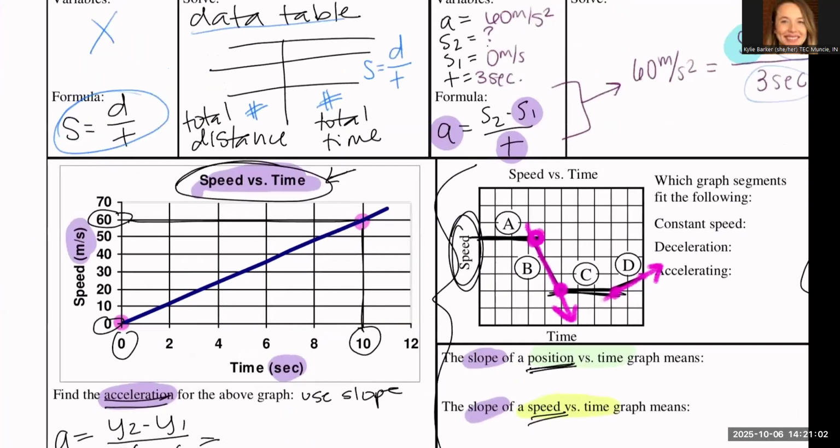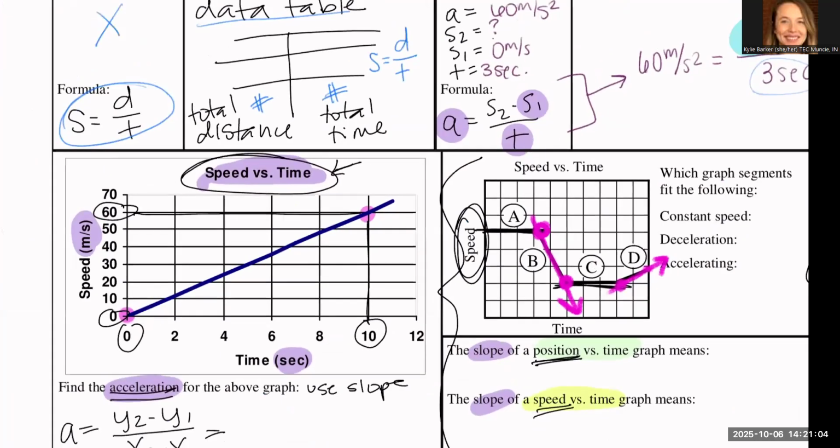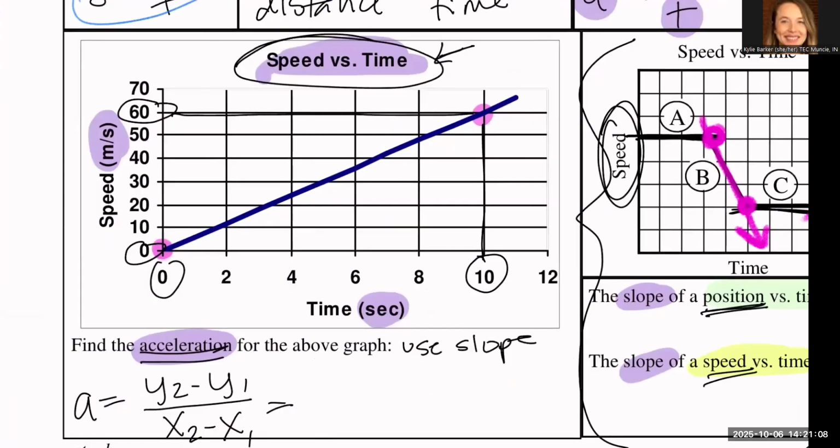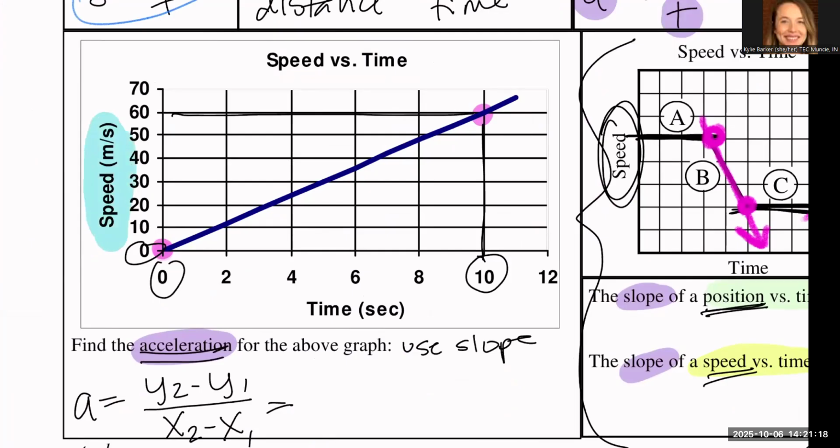And finally, a little bit more graphing. All right, so this is what I was talking about in class on Monday when I was like, read the titles, read all the things. You'll notice that right here, this says speed. And yesterday, it always said distance or position. So this is the change.